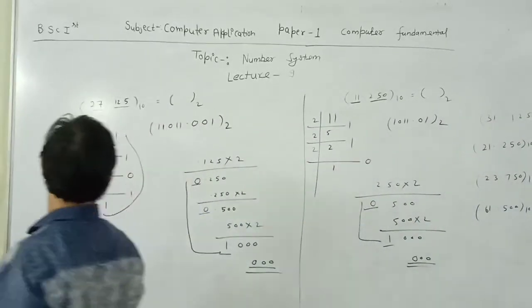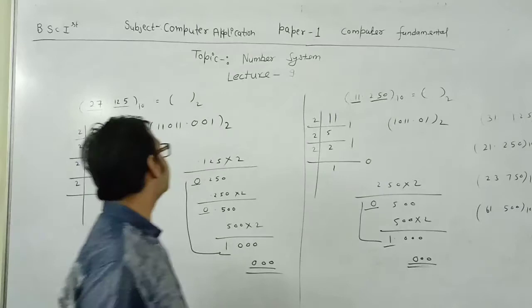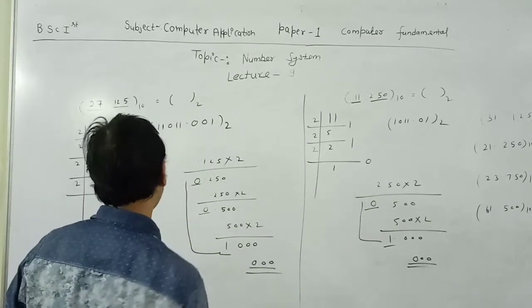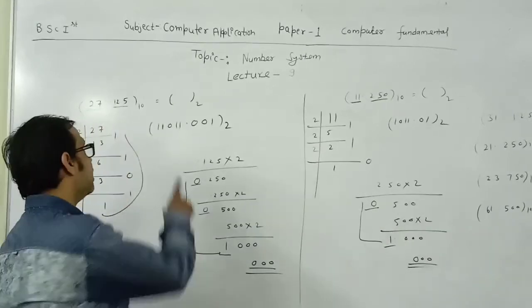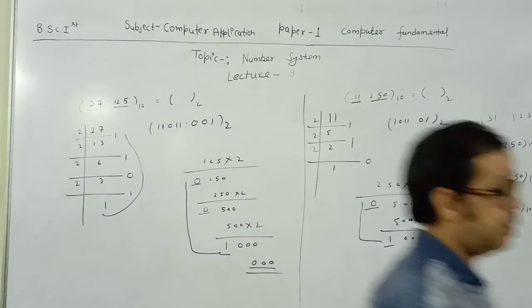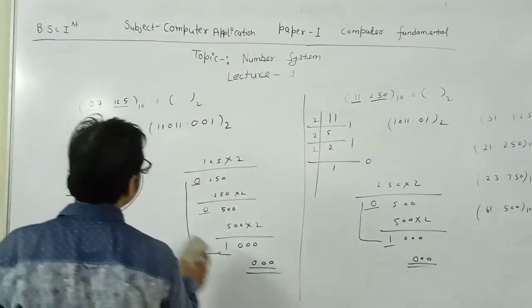In this class, I also want to discuss one question on how to convert a binary number with a fractional part into decimal. So first of all, note down these things.